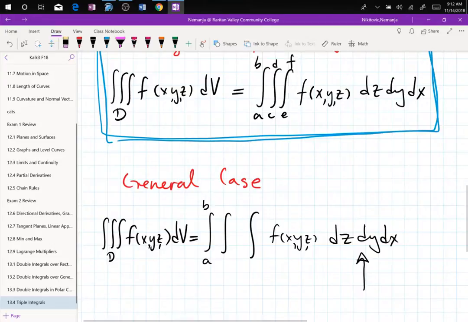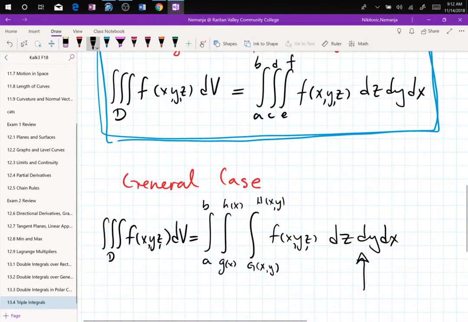So I have g of x and h of x on the inside, because that is the only variable still allowed to be there for the last round of integration. And then this one has to be g of x,y and h of x,y, because you're integrating z.